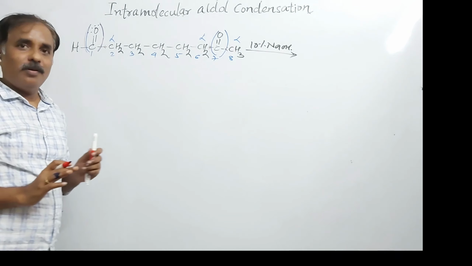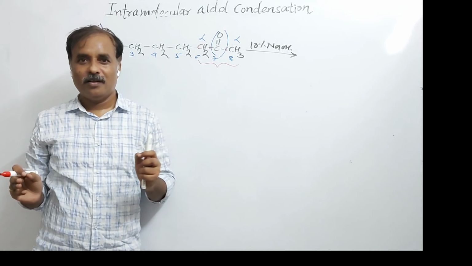And a formation of 8-membered ring. अगर carbanion यहां से बनता है, so attack here, यानी 1, 2, 3, 4, 5, 6. अगर carbanion इस कार्बन से बनता है, तो formation of 6-membered ring.